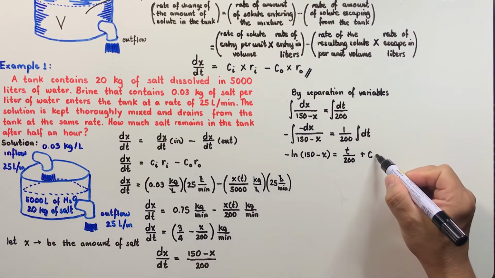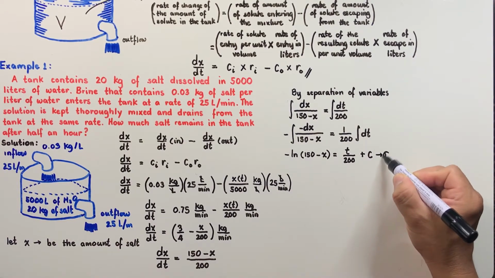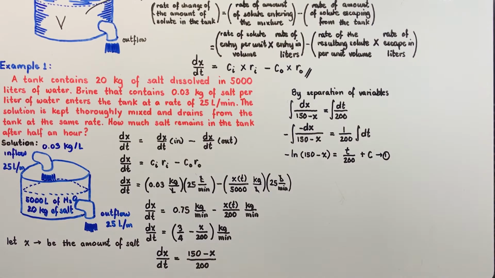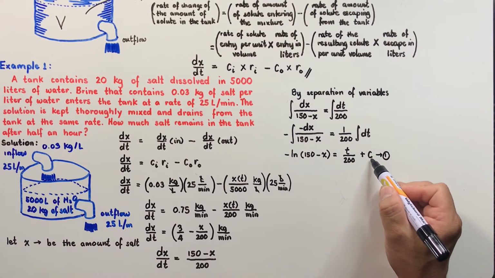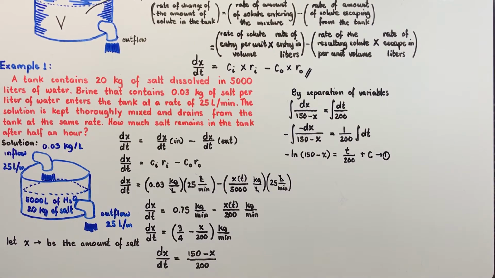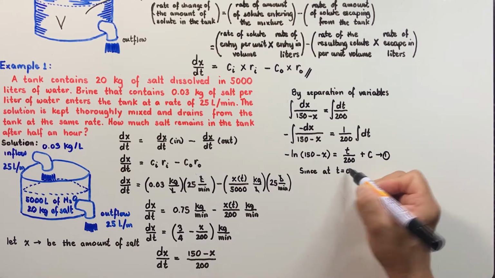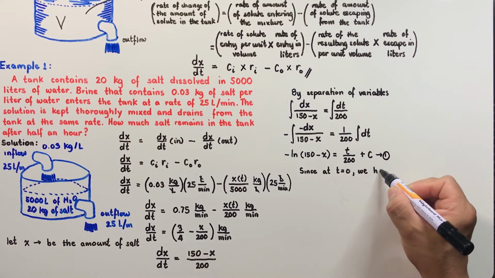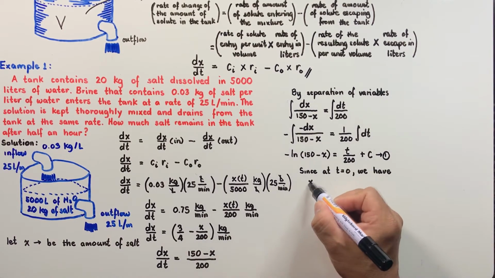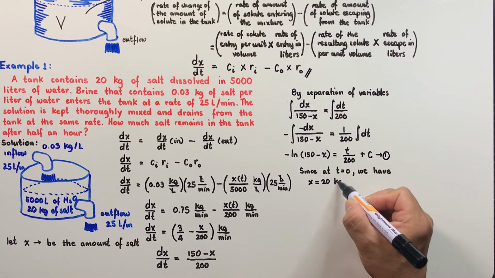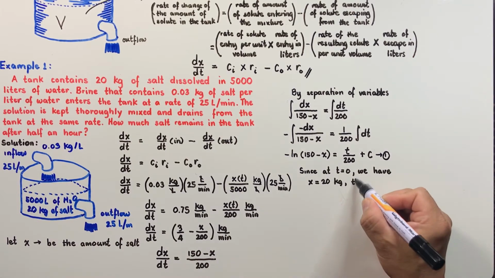Now let us represent this equation as our equation 1. Now, our next goal is to find the value of our constant of integration. So we use here some boundary conditions in the problem. And we know that at time 0, the amount of salt inside the tank is 20 kilograms.